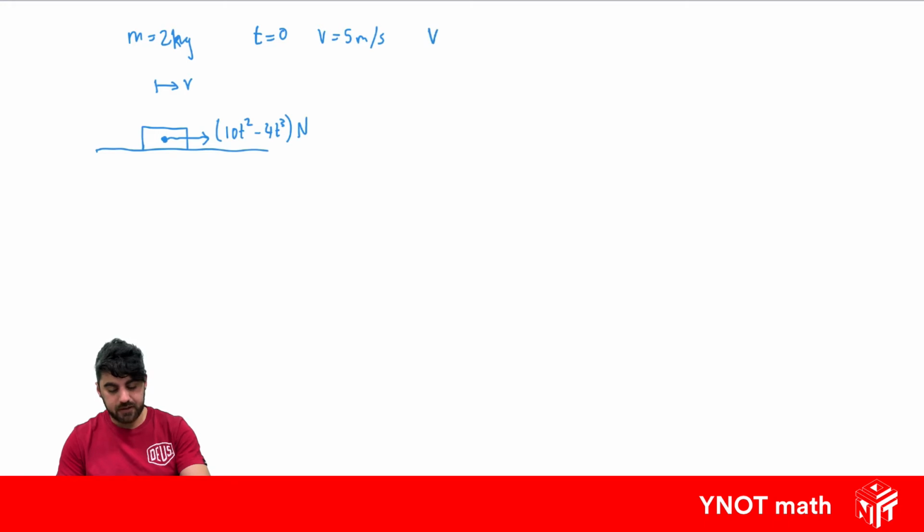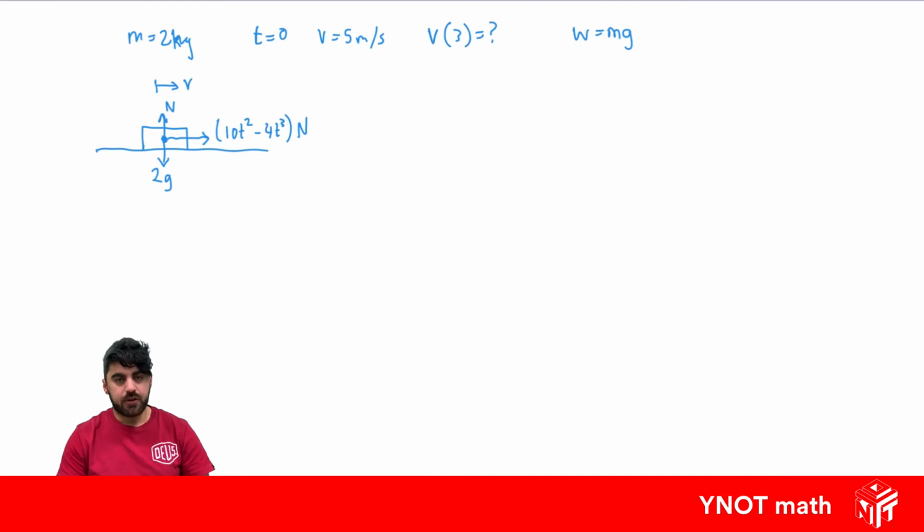We also have a weight force, because any weight force is equal to mass times gravity. If its mass is 2, the weight force is equal to 2g. And we have an equal and opposite force here, our normal force, N.